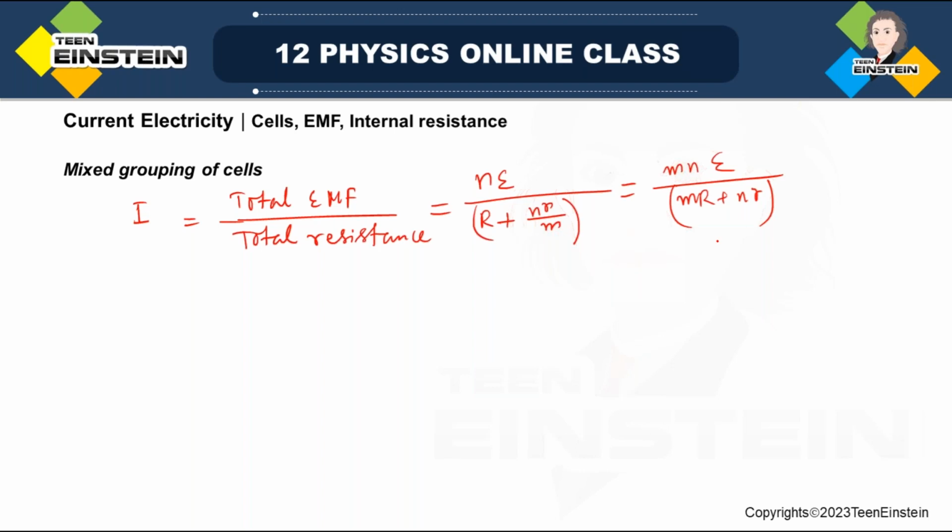You can see this current has to be maximum if this denominator is minimum.